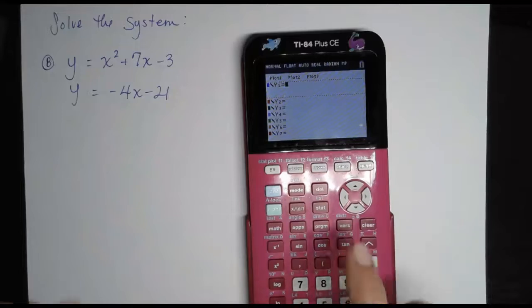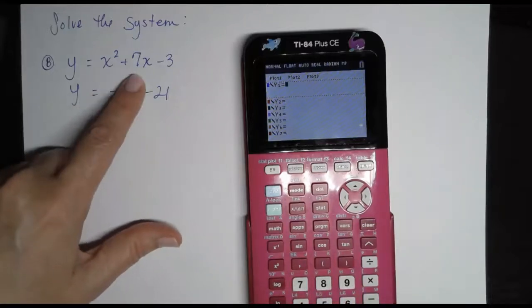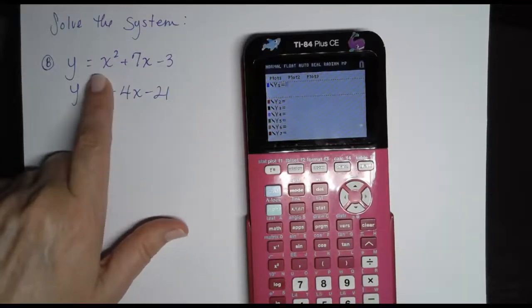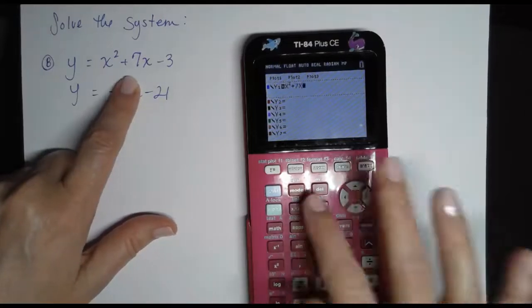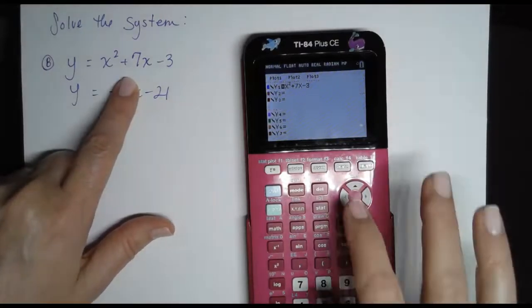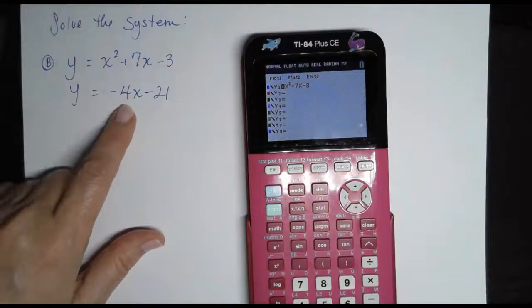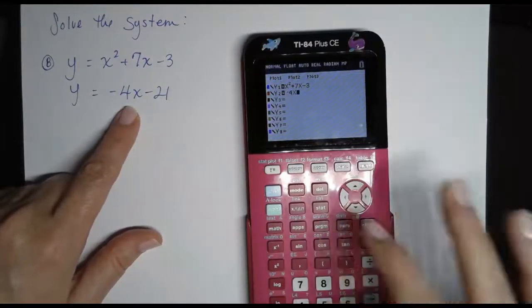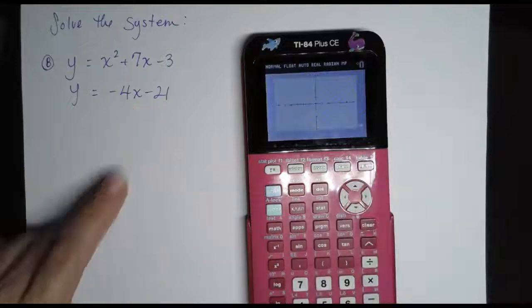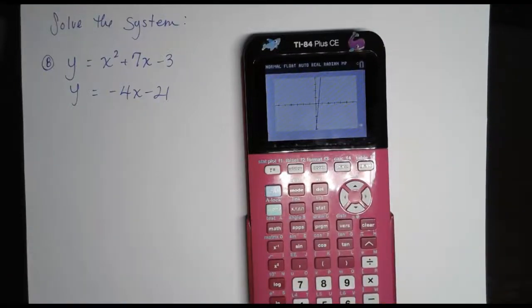So y equals x squared plus 7x minus 3. This is just a very basic parabola. That's the first equation. The second one is just y equals mx plus b form. It's just a line. So -4x minus 21. So here are our graphs.